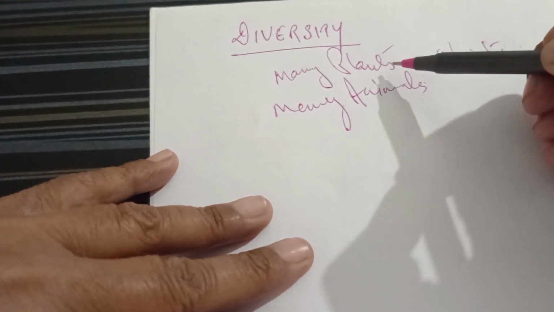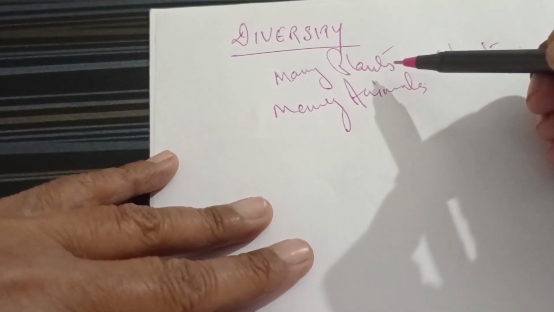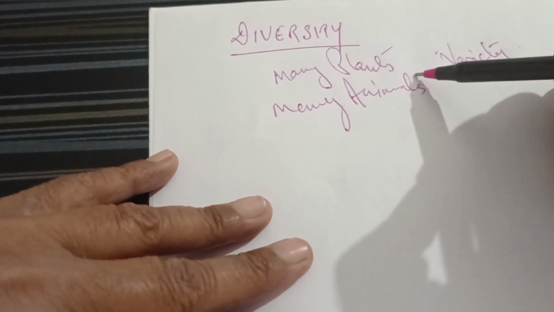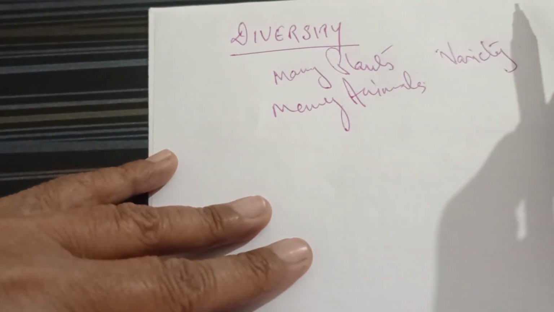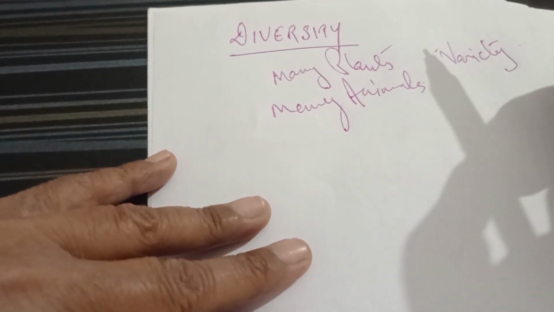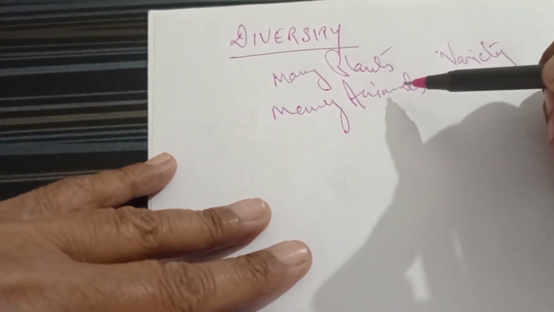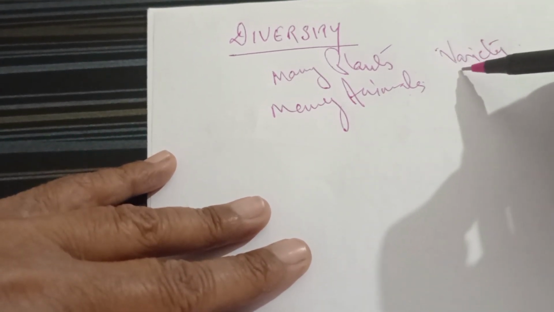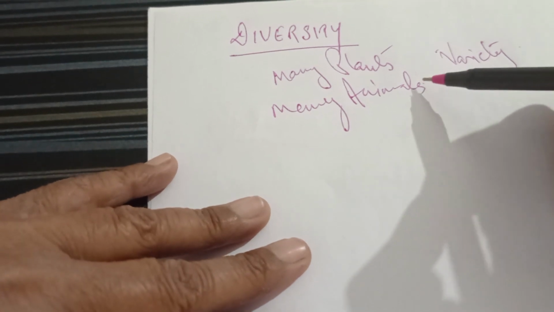Some are small plants, some are big trees, some are soft herbs, some are bushy shrubs, some bear flowers, some do not bear flowers, some give you fruit, many don't give you fruit. So there are variety, some are edible, some are medicinal, huge variety of plants.